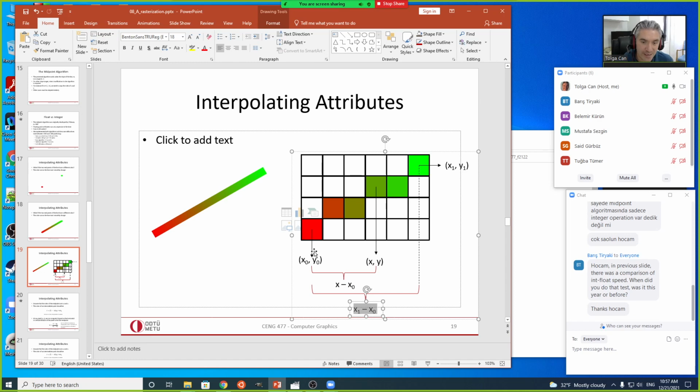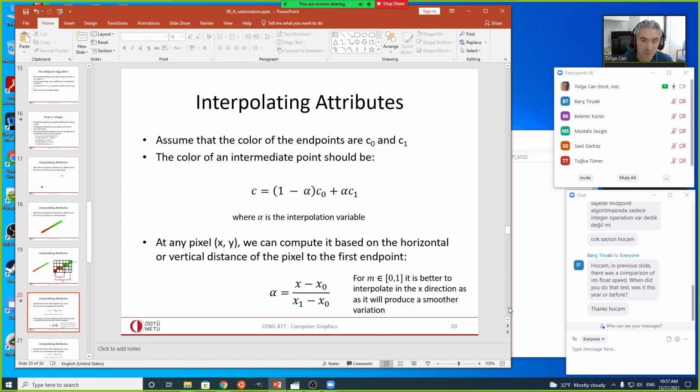So x1 minus x0 is the projected distance of the total line segment we are drawing on the x-axis, and the projected distance of this particular pixel is x minus x0. So we are going to do a weighted average in which alpha is x minus x0 divided by x1 minus x0. It's just a ratio of where we are currently in the line.